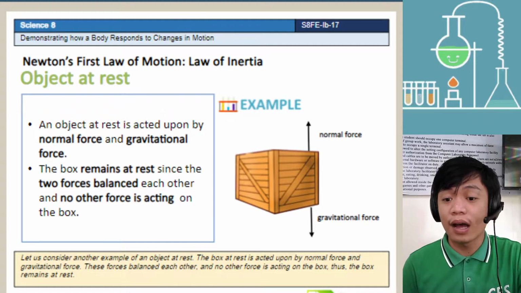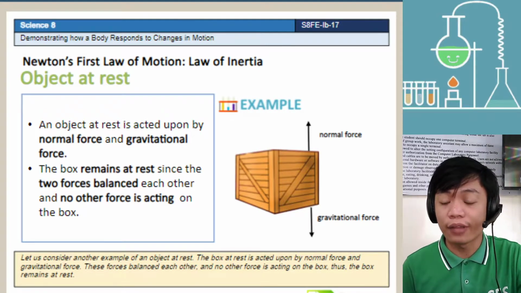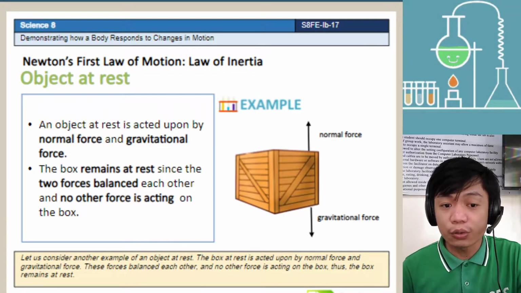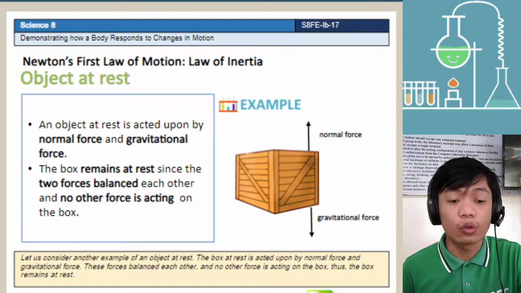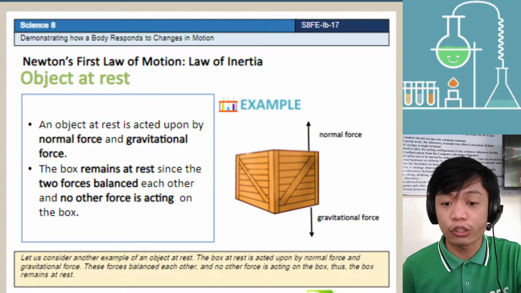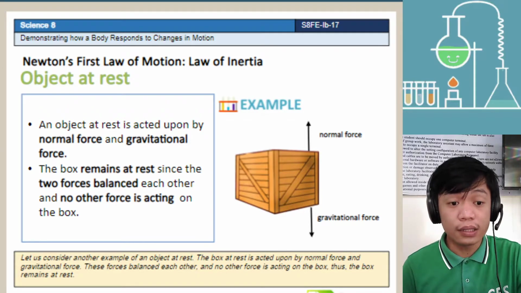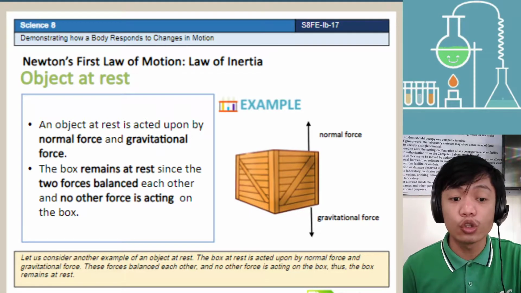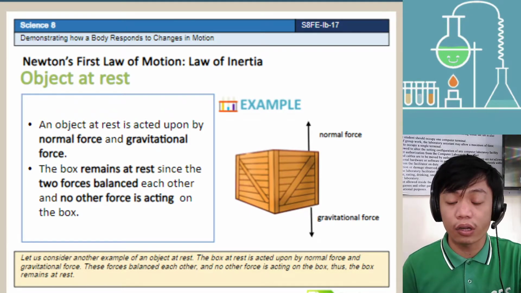So we have one example: the normal force and the gravitational force. An object at rest is acted upon by a normal force and gravitational force because the box remains at rest since the two forces balance each other and no other force is acting on the box.